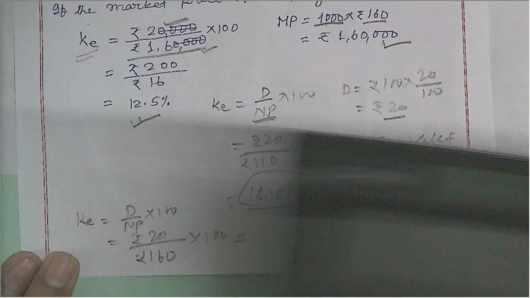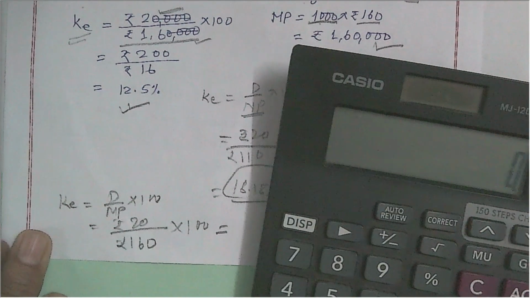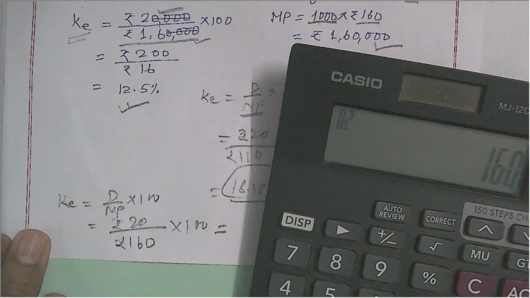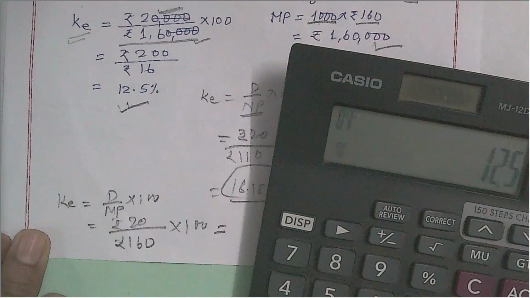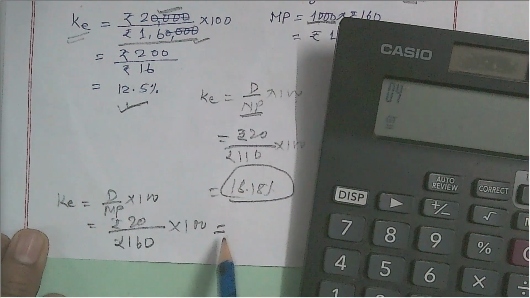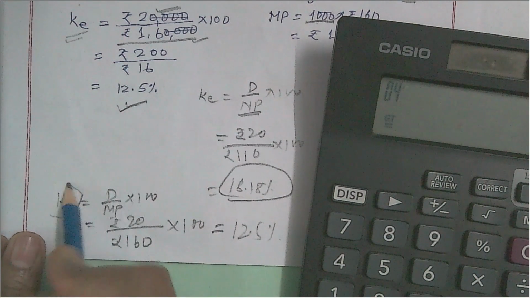So by taking one share or by taking the total value of shares, your answers will be the same. Here 20 divided by 160 into 100, the result is the same, 12.5%. So this is the cost of equity capital KE.